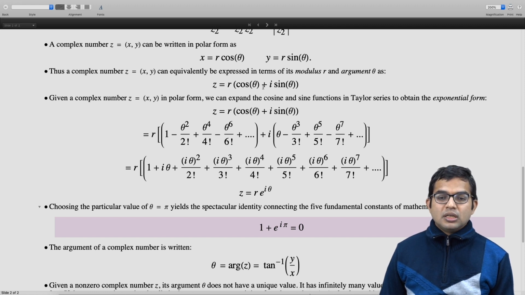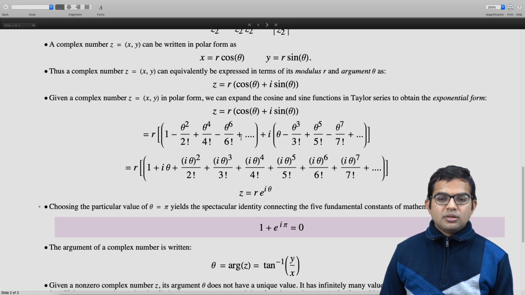Because the real part is cos theta and the imaginary part is sin theta. I mean, there is an overall magnitude as well, and so these will cancel out, and so it's just going to be tan inverse of y by x, right?